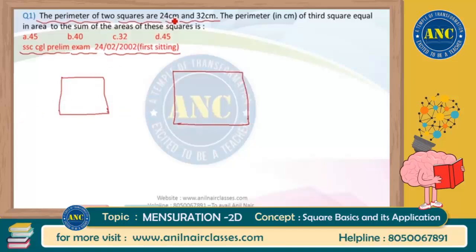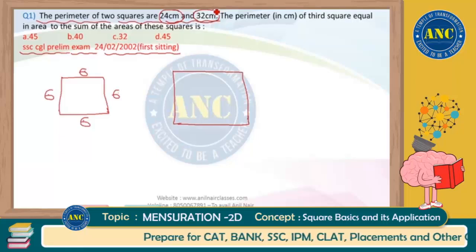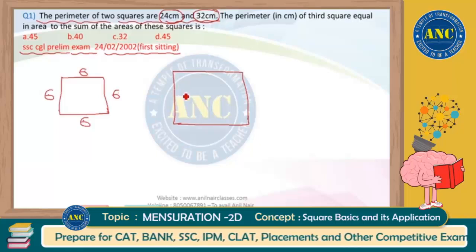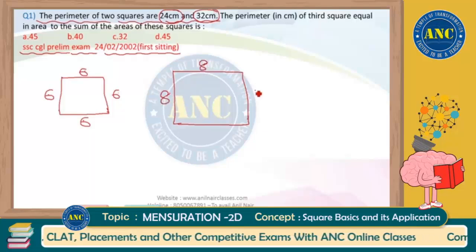Perimeter of the first square is 24 centimeters, so adding all four sides gives 24. That means each side is 6 centimeters, because 6 into 4 is 24. Similarly, the other square has perimeter 32, so each side is 8 centimeters.